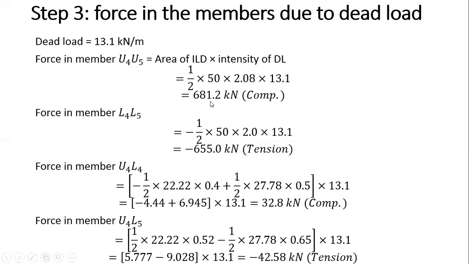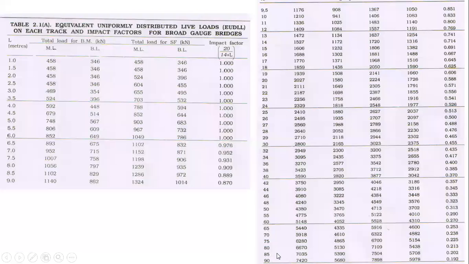As I told you, the thumb rule is that all the top chord members are in compression, all the bottom chord members are in tension, and in vertical and inclined members, both things are there. But when you calculate this, for the vertical member there will be a compression, although of small magnitude. And for the inclined member, this will be a tension, although again of small magnitude.